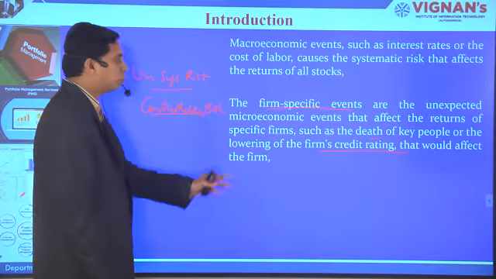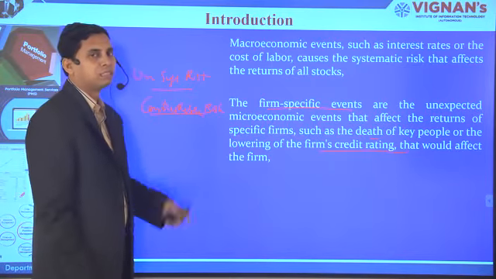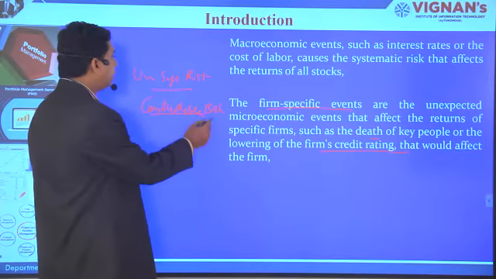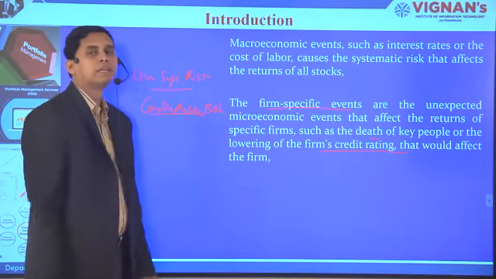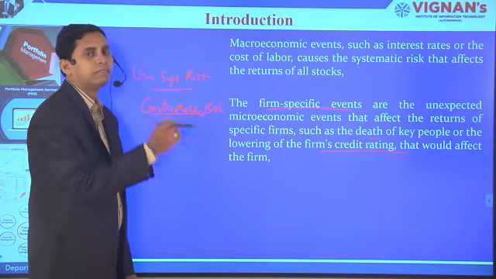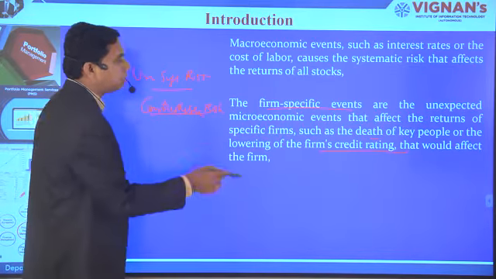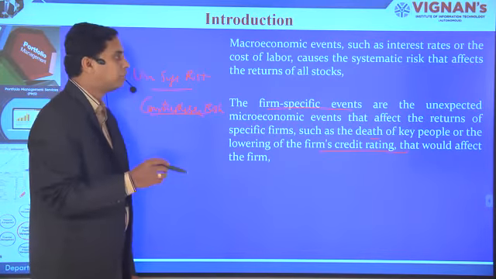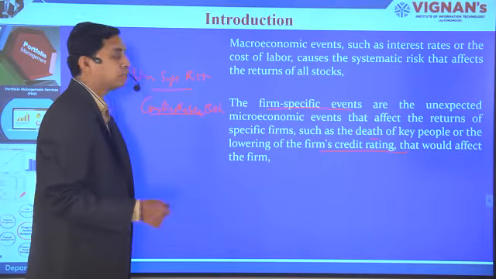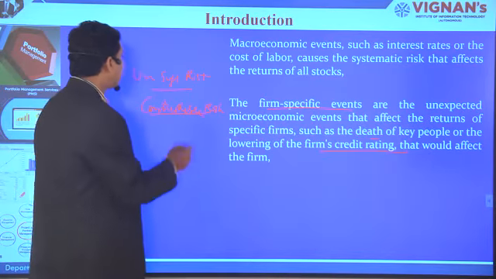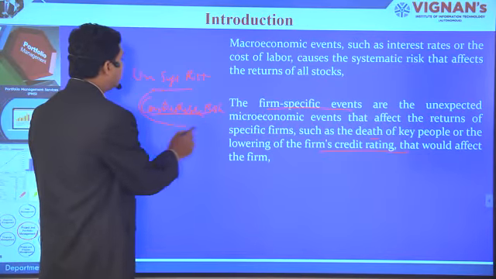If you follow such practices in the organization, then whatever changes are happening can be done in line with the company's expectations. That is the reason why all these changes related to the particular firm can be controlled by the organization. That is why it is known as controllable risk.